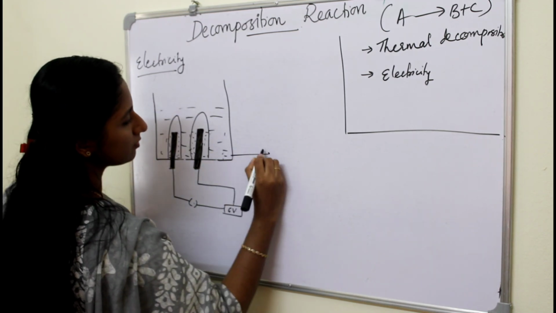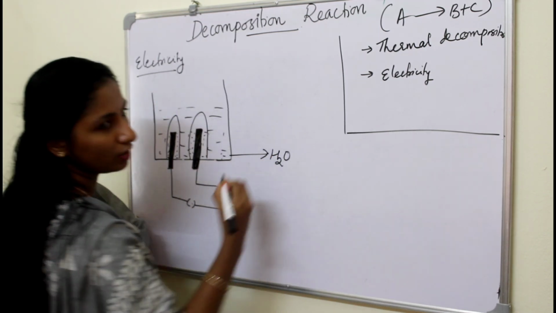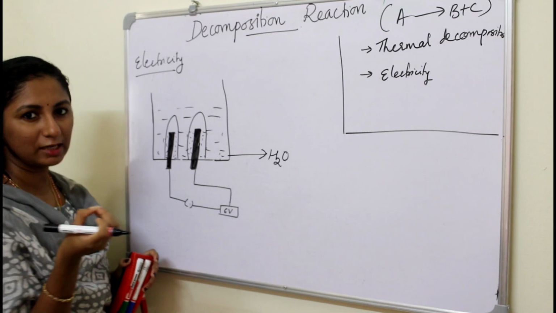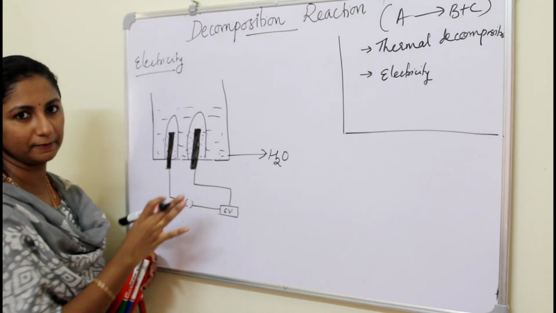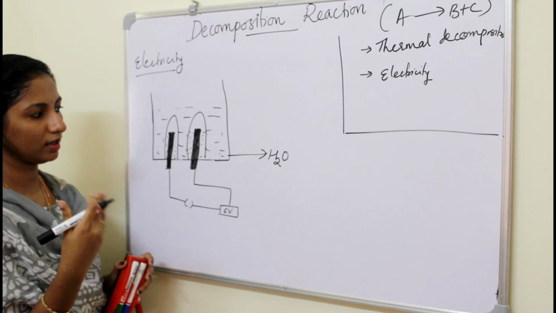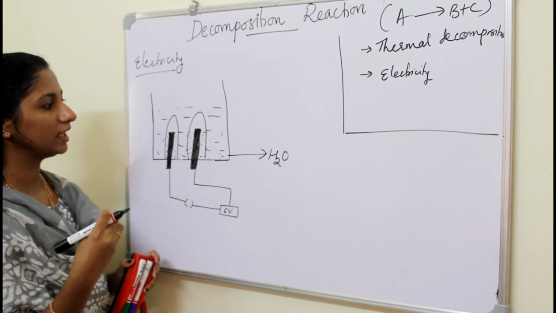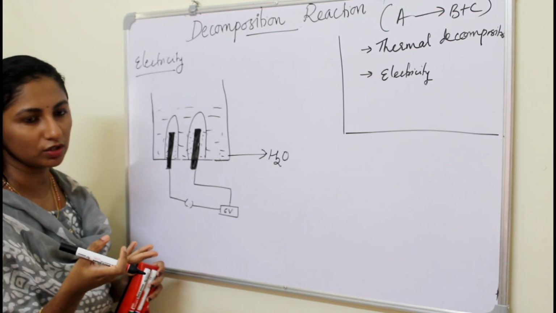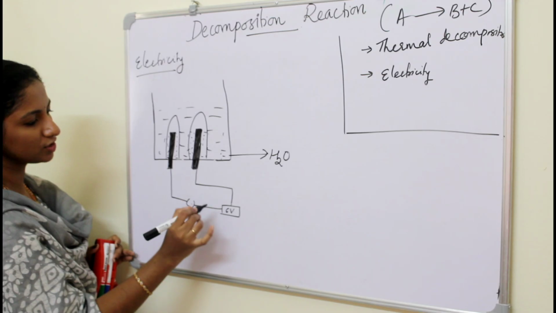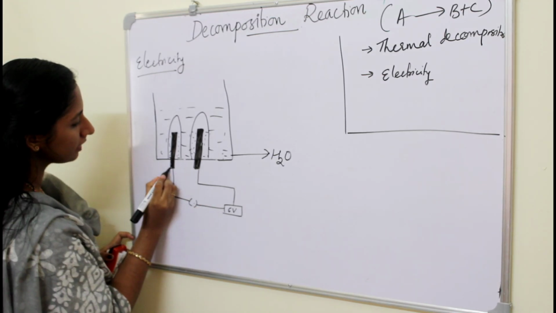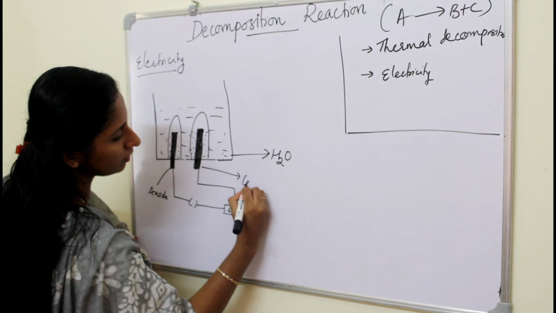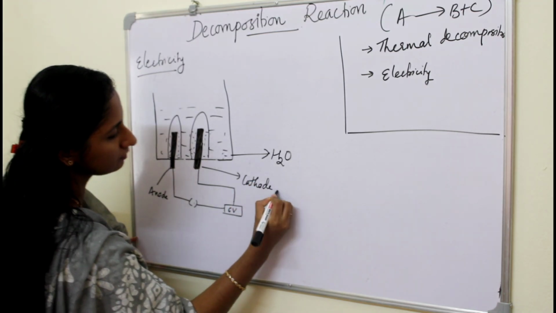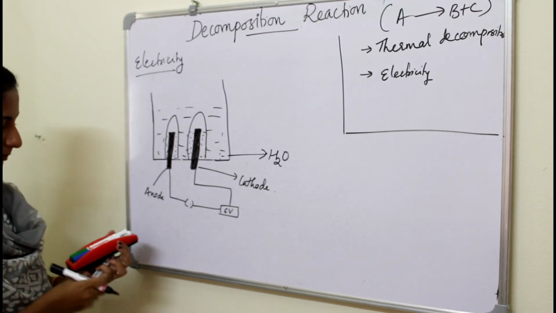In this mug we have water, and we are adding a little diluted H2SO4, diluted sulfuric acid, so that it will increase the rate of this reaction. We are connecting this with a battery. This is the anode and this is the cathode. Then what will happen?